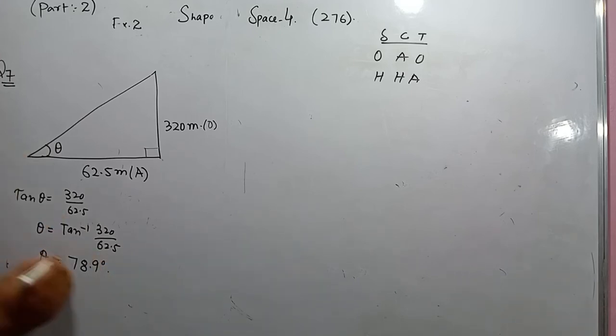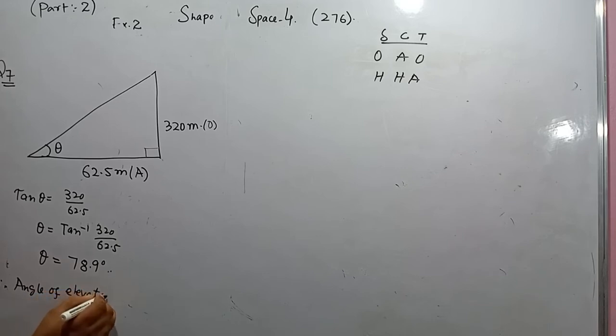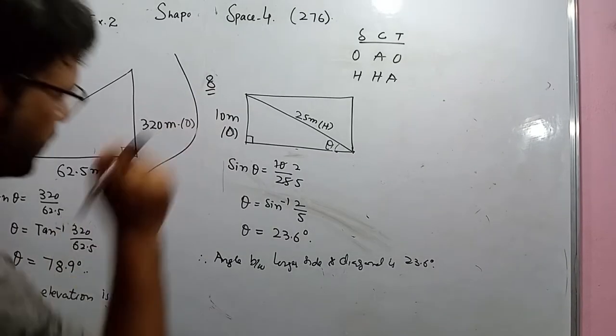That is, theta is equal to 78.9 degree. So we can say the angle of elevation is 78.9 degree.